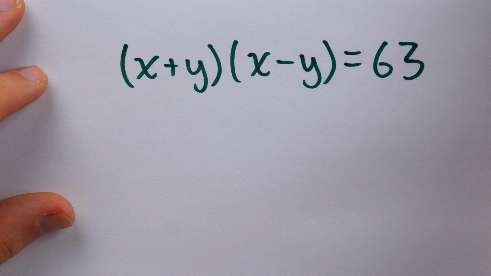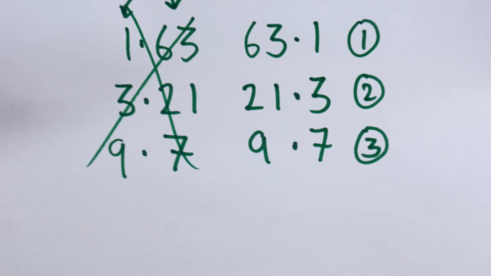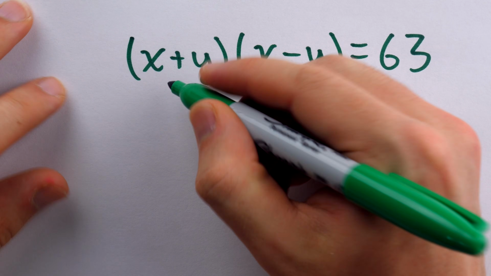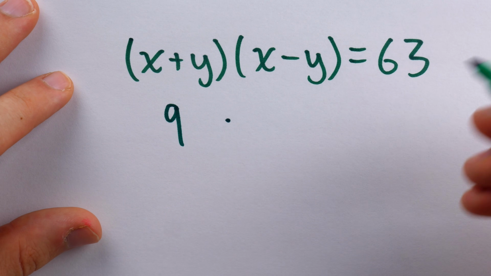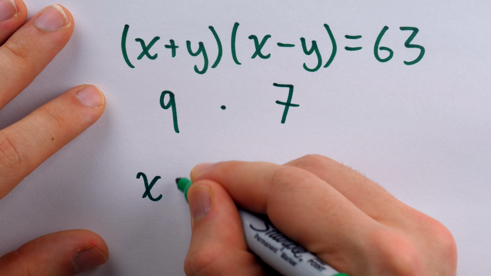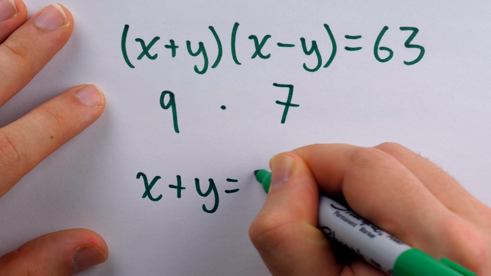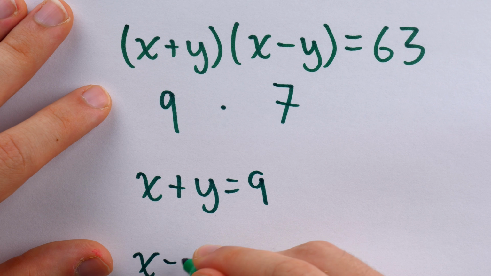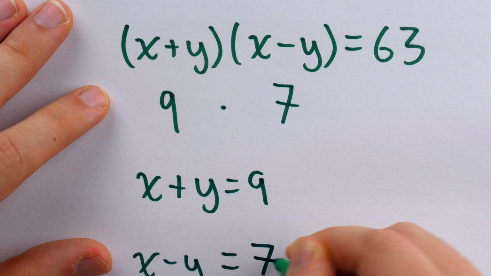Finally, we can look at the last possible factorization for 63, which is 9 times 7. In this case, x plus y would be 9, and x minus y would be 7. So setting up our system of equations, x plus y is equal to 9, and x minus y is equal to 7.